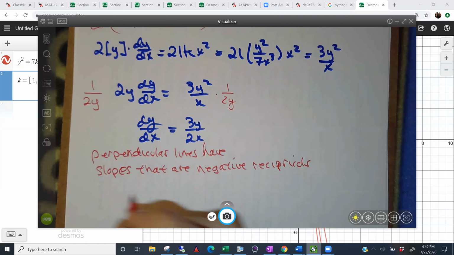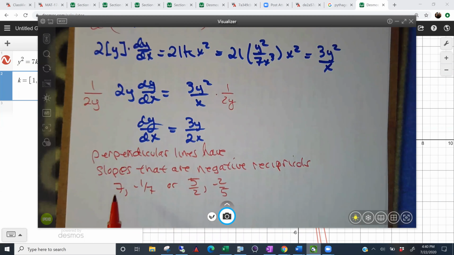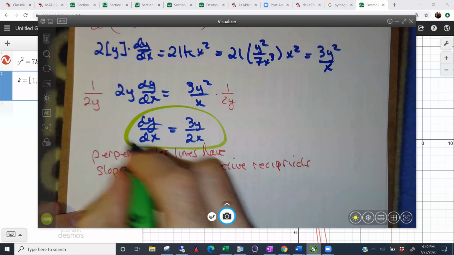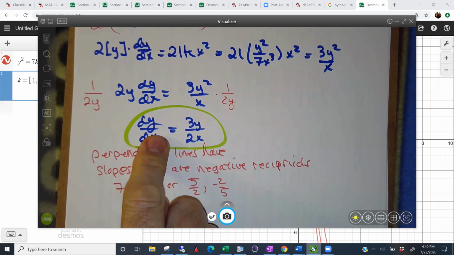An example would be like 7 and negative 1/7, or 5 halves and negative 2/5. Those would be examples of slopes that are perpendicular. You have to do 2 operations. You have to take the opposite and the reciprocal. So that's the slope of the tangent line to our current set of curves.